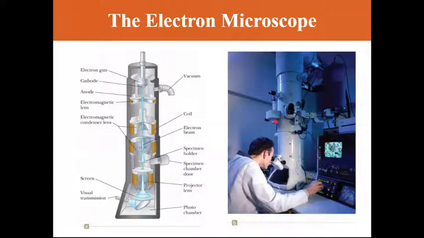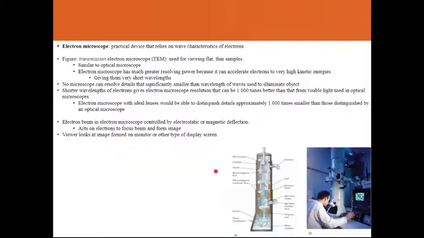The electron microscope is a really cool device that takes advantage of wave properties of electrons to image objects. Basically, electrons are technically better than light as imaging devices because when you observe something with a microscope or a telescope, your resolution is based on the wavelength of light.